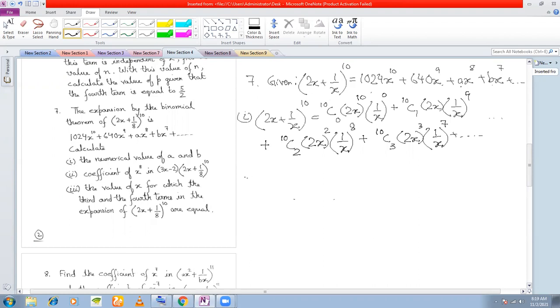Now you just separate this. Okay, you just separate the coefficient and the x, you will get the value of a and b. So first of all, first term is given to you, so you can just write it as it is. So 1024 x to the power of 10. The next term 640 x to the power of 9. You can write this term. This term you have to simplify. So 10c2 into 2 square into x square by x to the power of 8, right?